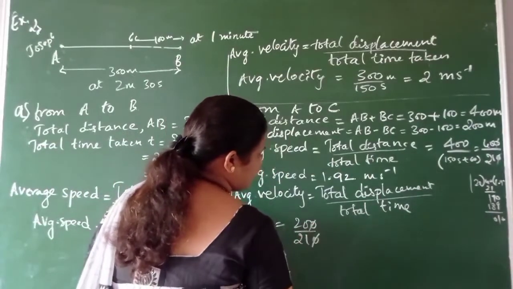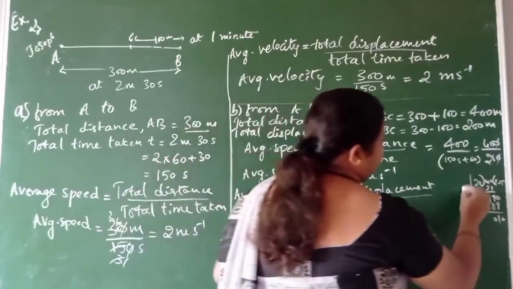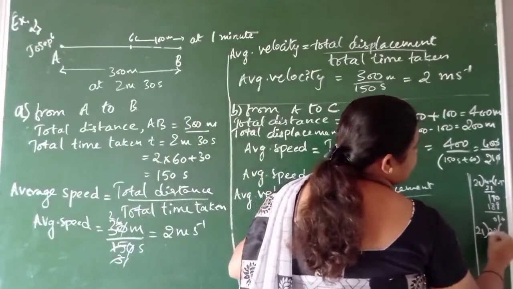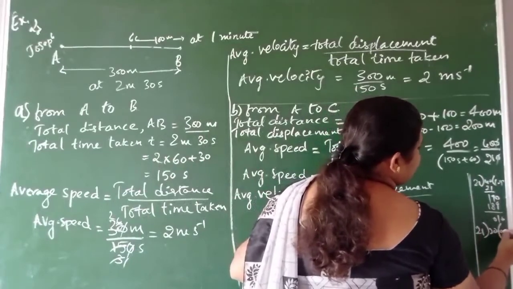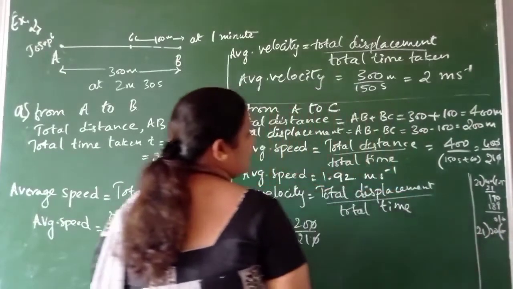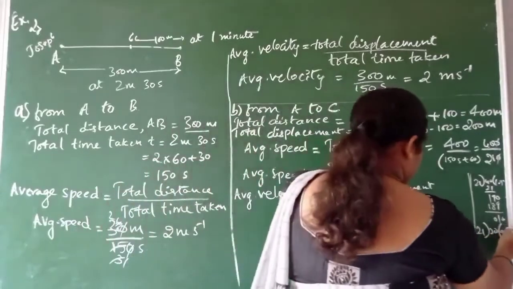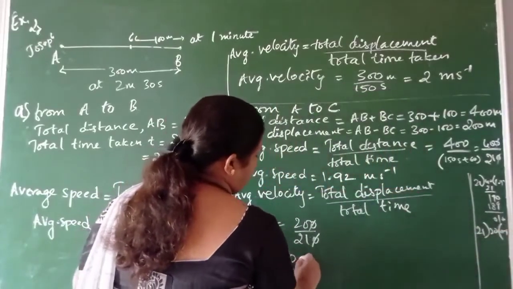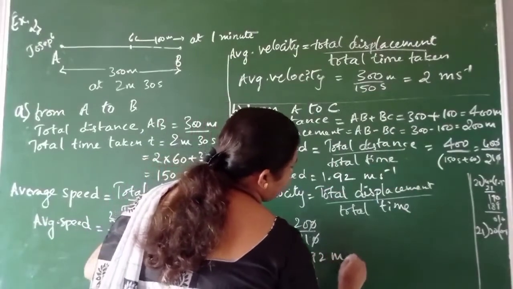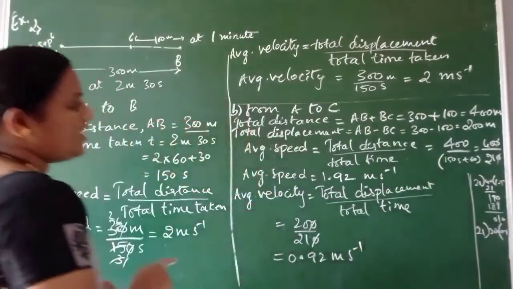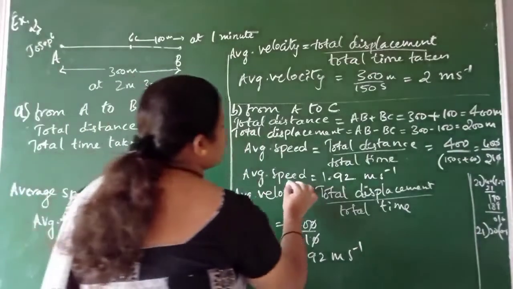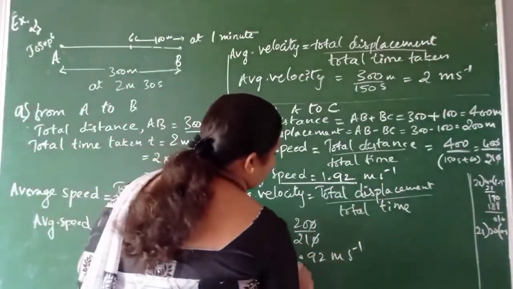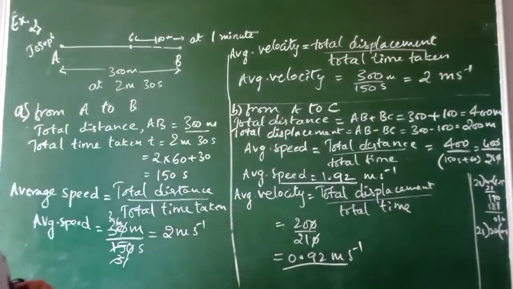The zeros cancel. This is all rough work. So we get 0.92 meter per second as the average velocity. Average speed from A to C is 1.92 meter per second, and average velocity is 0.92 meter per second.